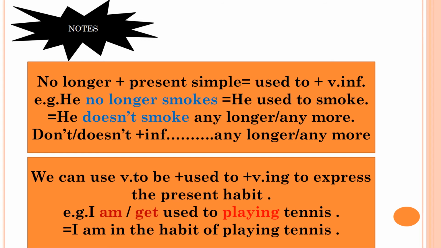If I say I was used to, I must put the gerund form after used to. I was used to playing tennis. It means that I was in the habit of playing tennis in the past.